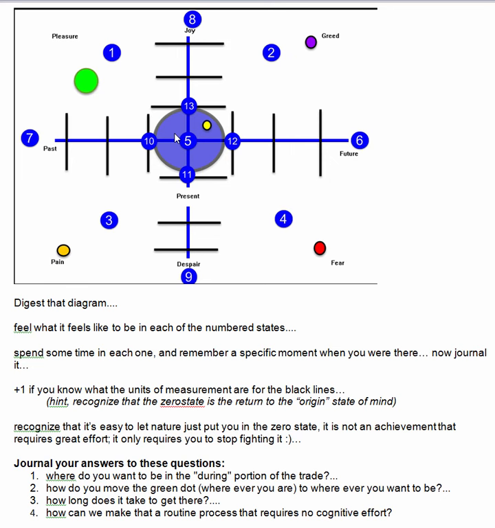I'm in enough of a zero state that I can be effective for trading. And so you've got to find out what that limit is for you and know what your markers are. And know what the indicators are that tell you if you're inside or outside of that shaded area.